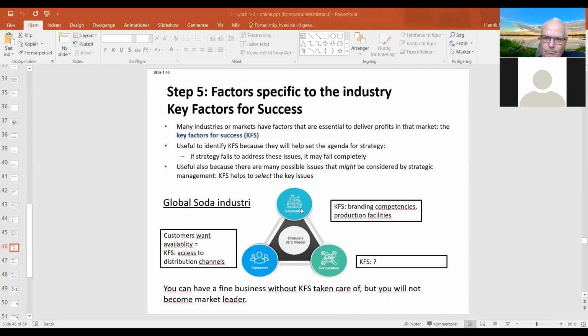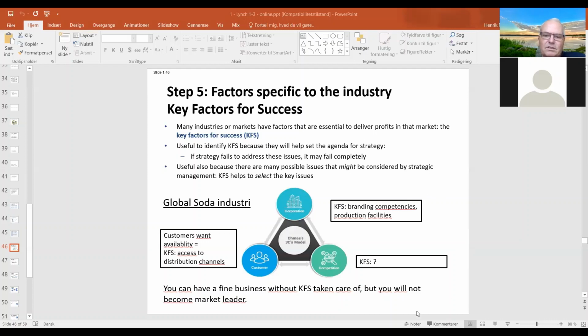Now, you may also see it in the way that if you have and live up to the key factors for success, if you can, as a company, say, yes, we do have the ability to meet these key factors for success, then this is your access ticket into the industry of becoming a market leader.